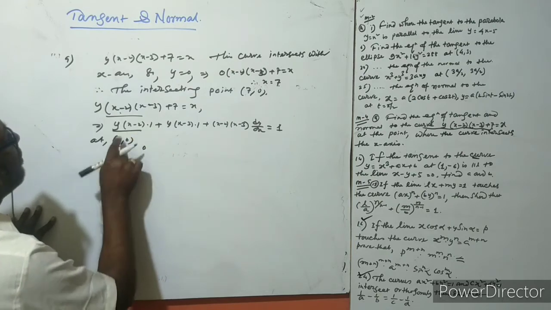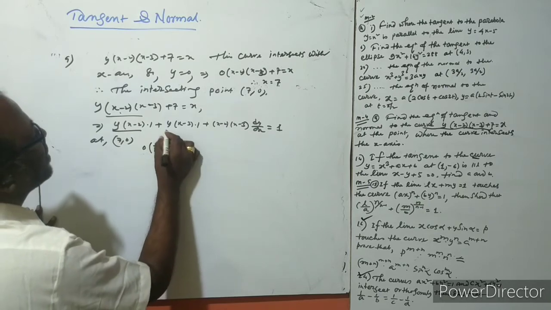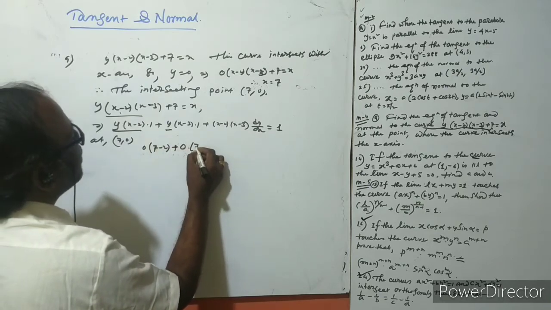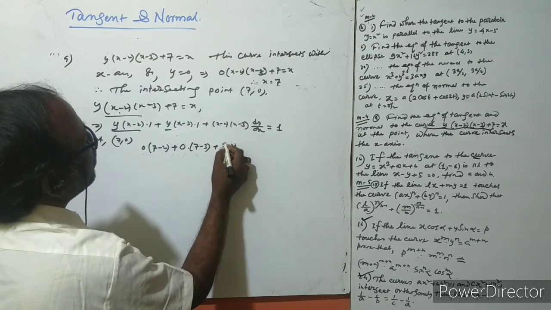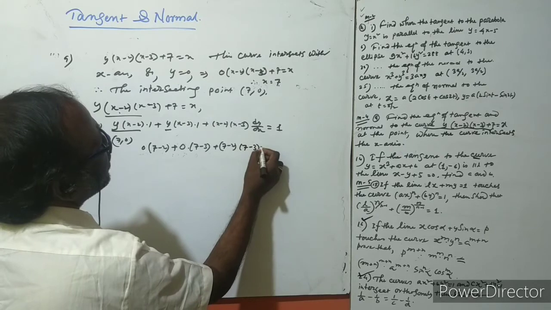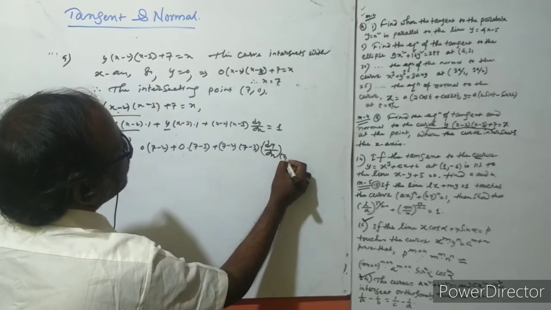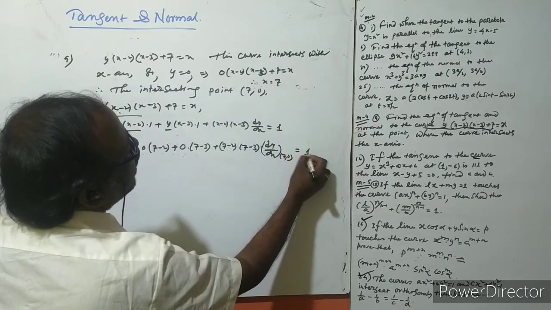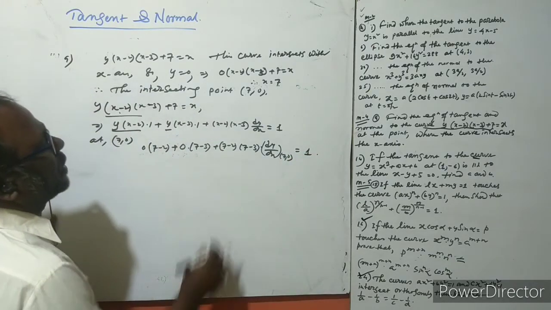Here the value of y is 0, so the terms with y are 0. We have 7 minus 2 and 7 minus 3, and dy by dx at (7, 0) is 1.